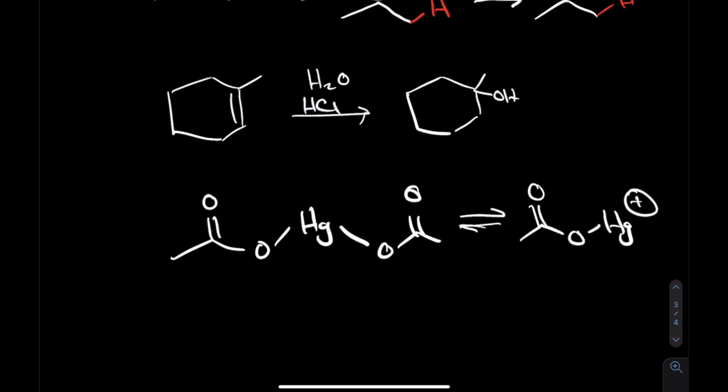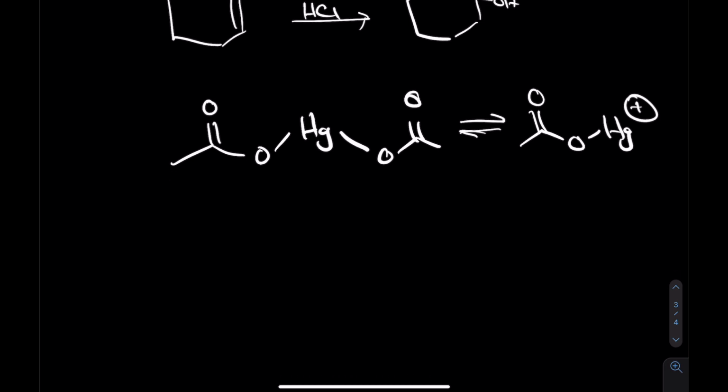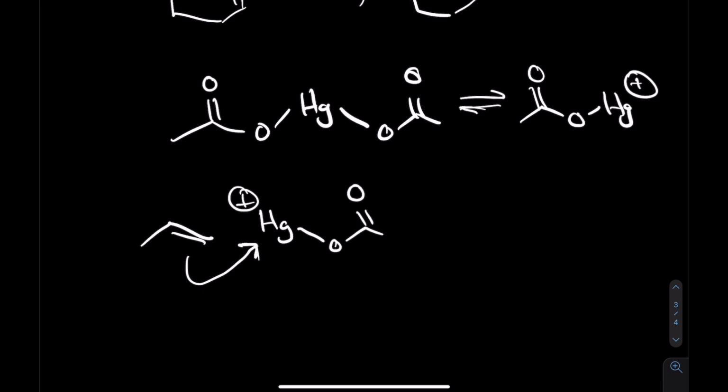So if you have an alkene right nearby, say for instance something like that, and you have your mercuric reagent, and that is just super ready to go, that alkene is just going to be like, wow, a positively charged mercury. That is exciting.